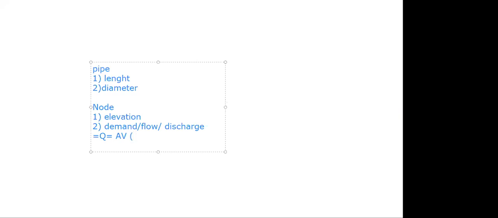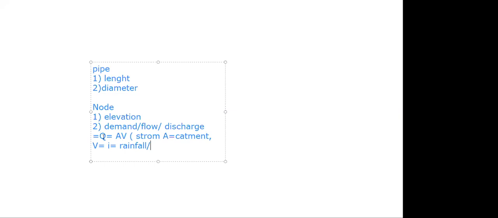In stormwater design, A becomes your catchment area, and your V becomes your precipitation. V becomes, we call it I in that case. And it becomes your rainfall or your rainfall intensity. This is what you use, your rainfall or your rainfall intensity.